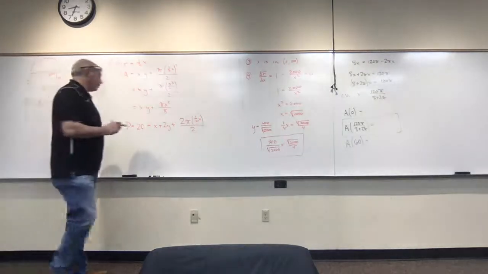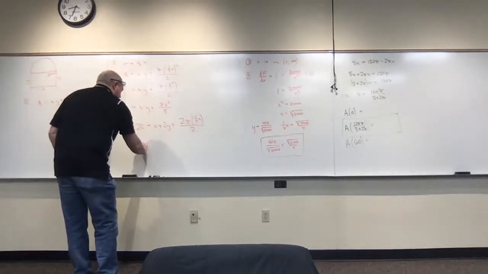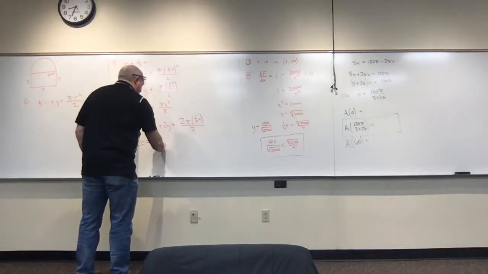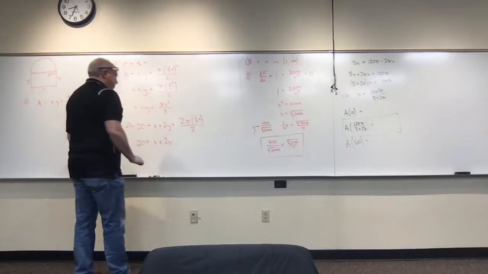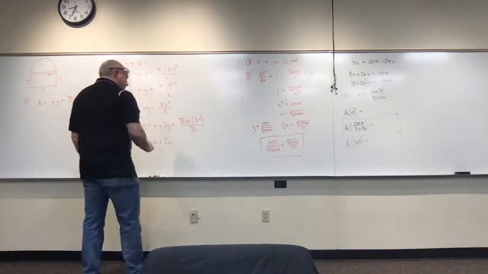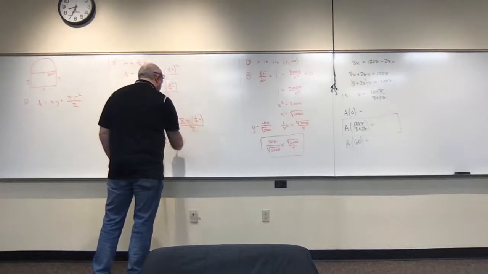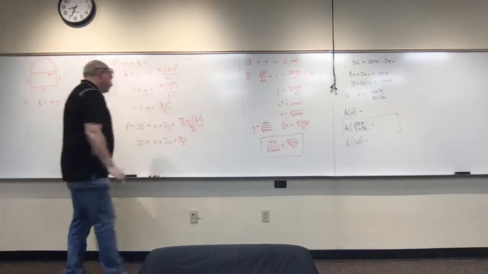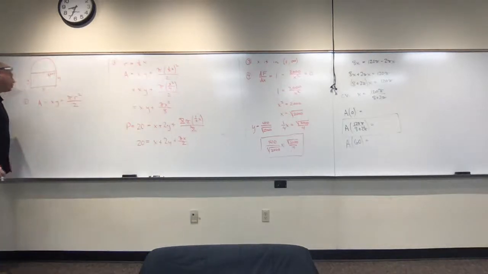Let's simplify it a little bit. I get the formula that 20 is equal to x plus 2y plus, the 2's cancel here, and I get pi x over 2. Pi times x over 2.